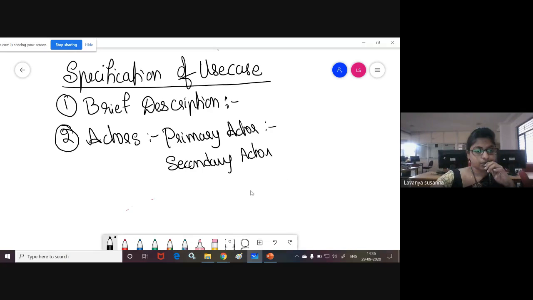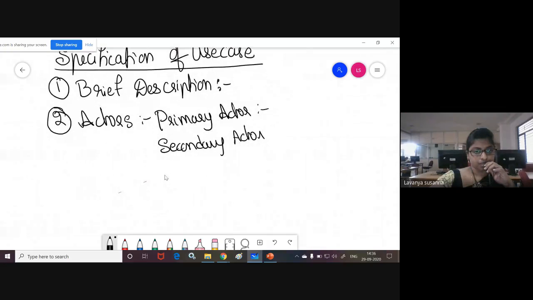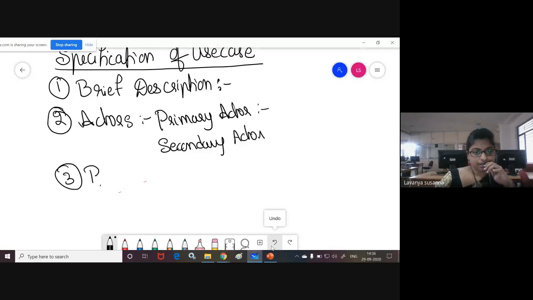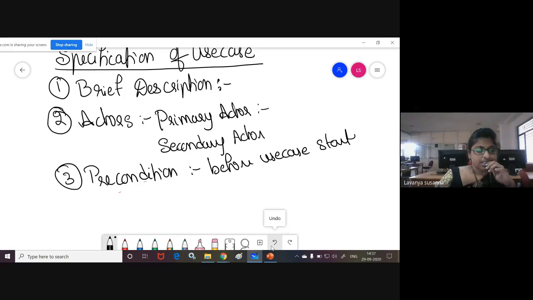After identifying the use case, you need to describe it. Listen, all these are lab exercises. Next, the third one is preconditions.